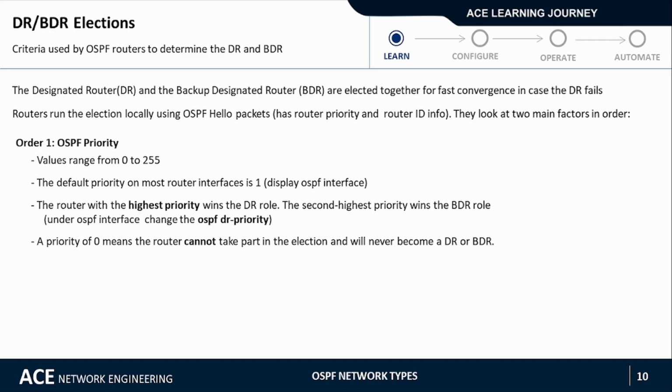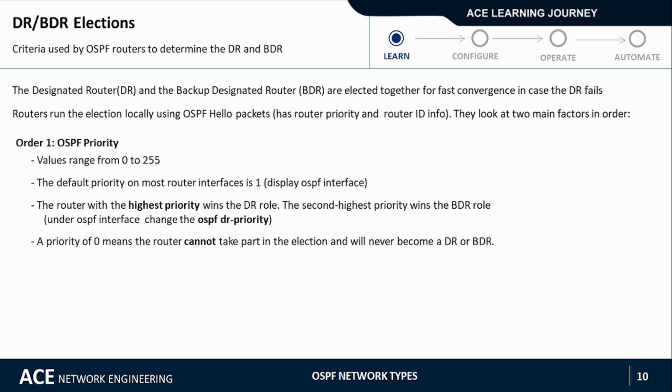If there's a member you know is not reliable, or does not meet criteria, we can discourage them from being considered to be a DR or BDR. So we can set those interfaces to 0. For example, if you have a weak router in your network that you're not sure about its reliability, you can set its interfaces to a priority of 0, so that it will never take part in the DR BDR election.